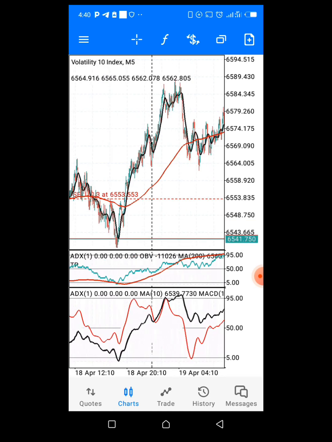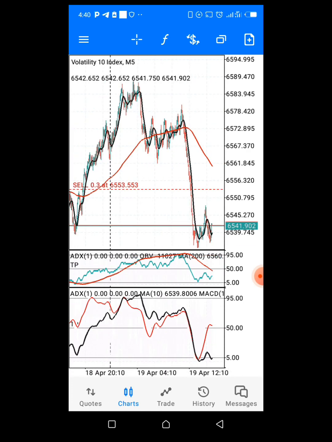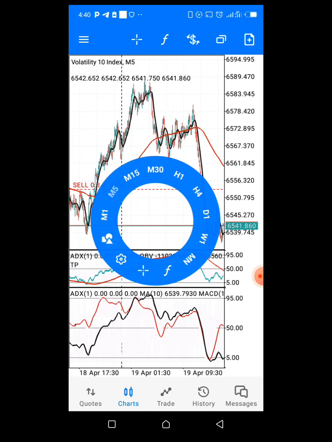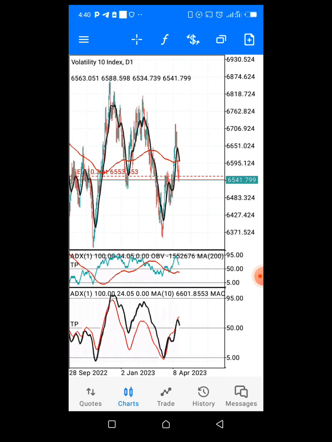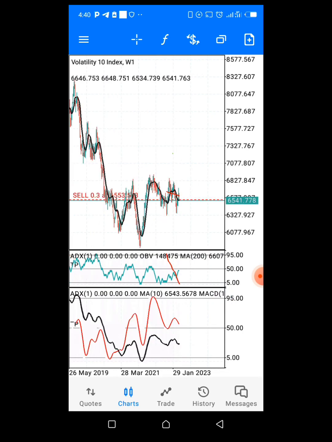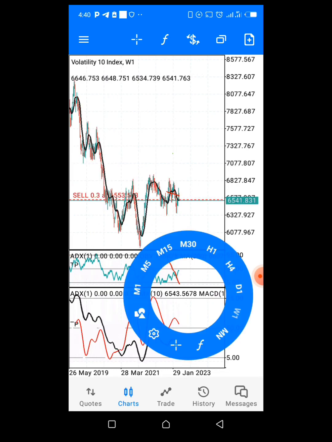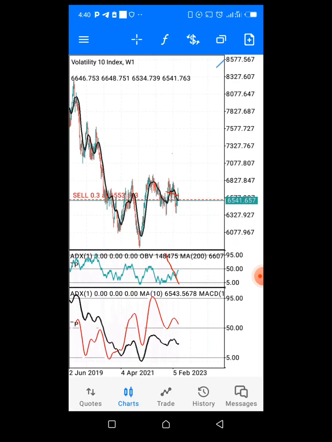Now, what makes me take this trade was the same. The market made another pattern in the smaller time frame. Let me not show you that first. Let me go to the daily time frame and let's analyze together again. Now, this is our weekly time frame.